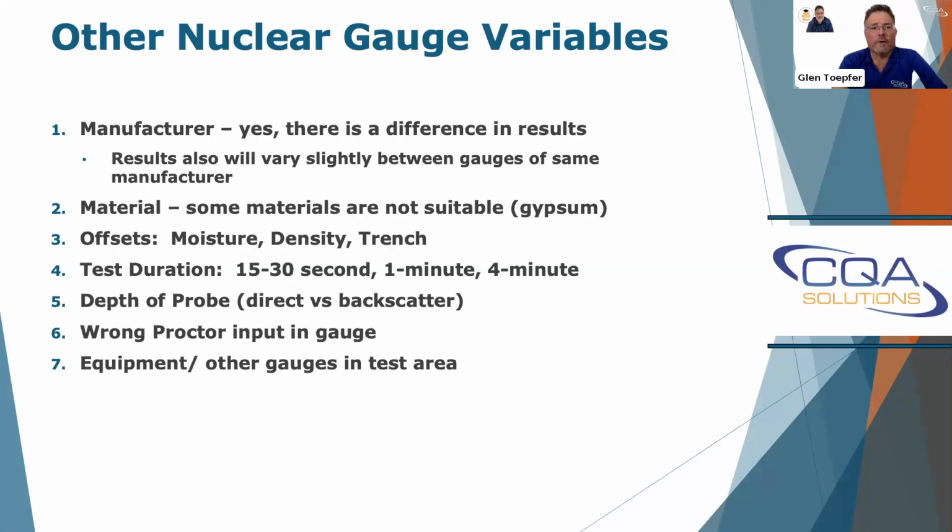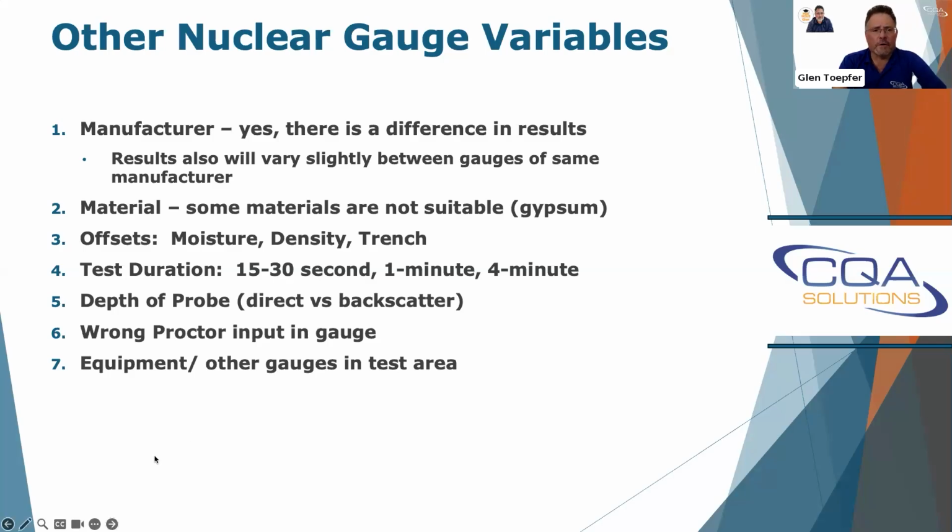But sometimes it's enough to make a difference, and you need an offset with one gauge and you don't need it with another manufacturer. And as long as you know your offsets, you can make any of them work with a proper material. But then that leads you to some materials are not suitable, such as gypsum or anything containing hydrogen, because the moisture is going to be impacted.